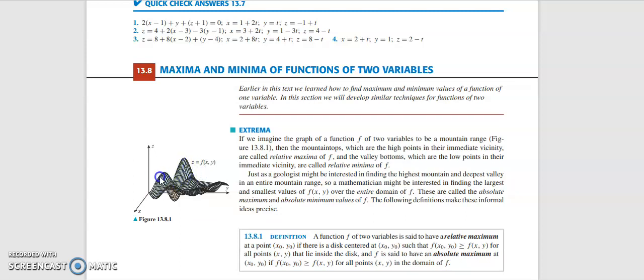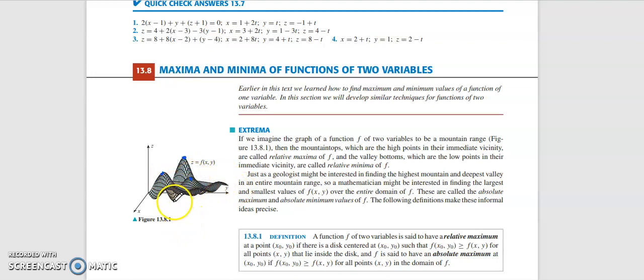So there are different higher peaks. When we take this point, it is a higher peak. Here we have a peak value, and here we have a peak value. Now if I look at this point, here you are having a lower peak. So if you look at all these values in a small neighborhood, this value is a peak value. If I look at a neighborhood of this point, this value is a peak value.